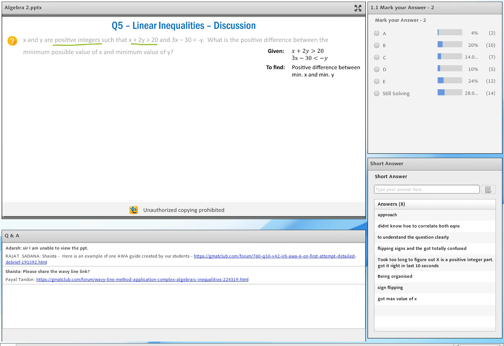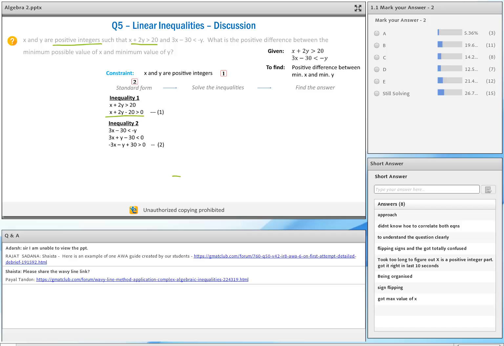So let's carry forward here. Constraint: x and y are positive integers. Now we basically solve the inequalities. You're bringing this in standard form. Essentially, you're bringing all the terms on one side and you have the greater than 0 sign here. Then you do the same thing for the second inequality as well.